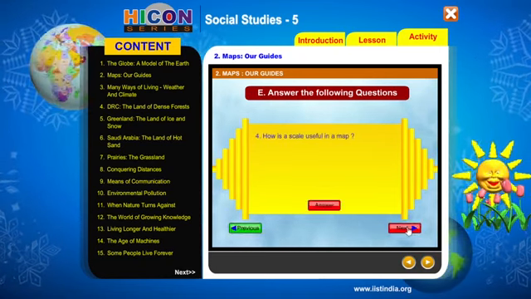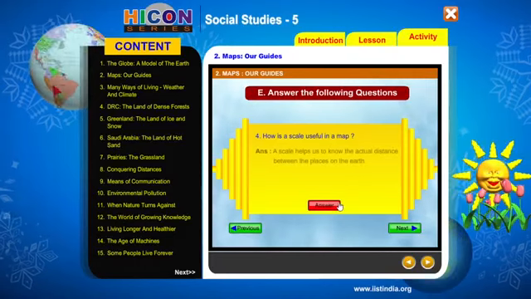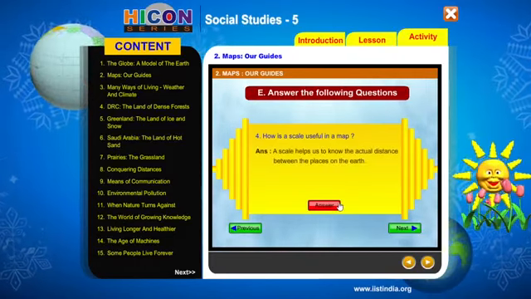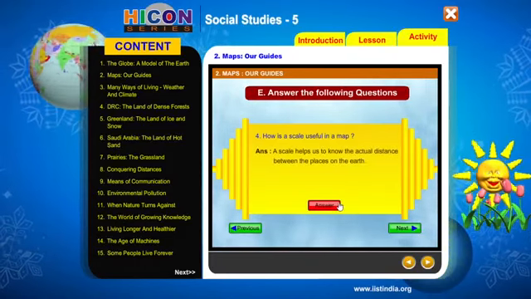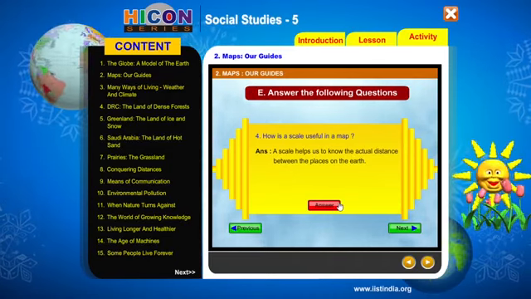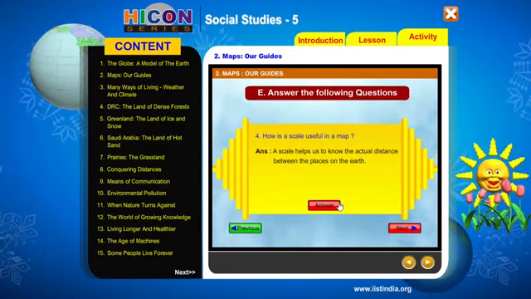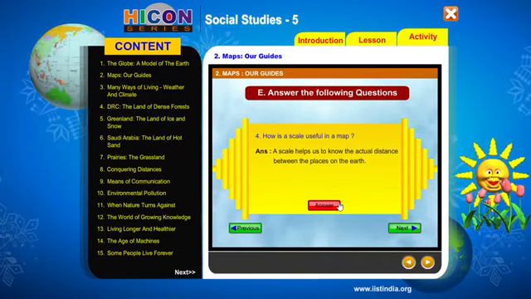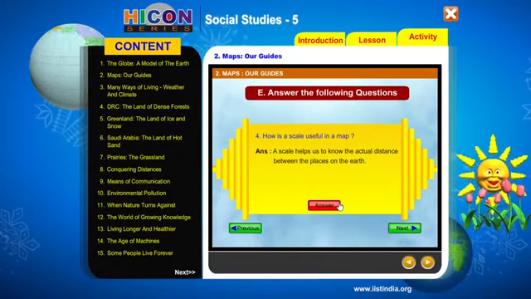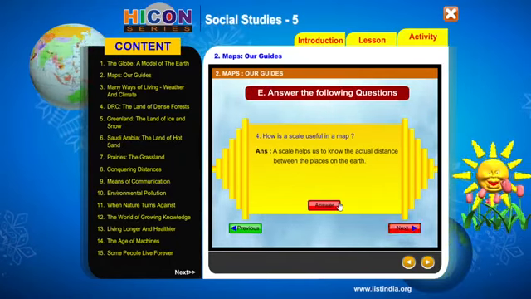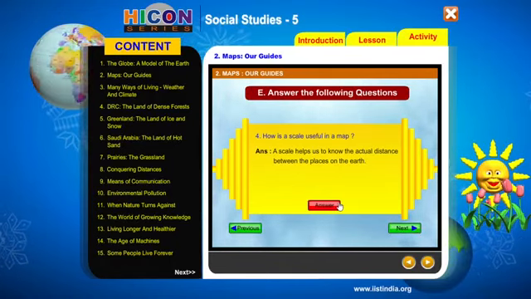How is a scale useful in a map? A scale helps us to know the actual distance between the places on the earth. When the cartographers make the maps, the actual distance between the places on the earth is reduced to a particular scale, and they make the map based on that scale, isn't it?